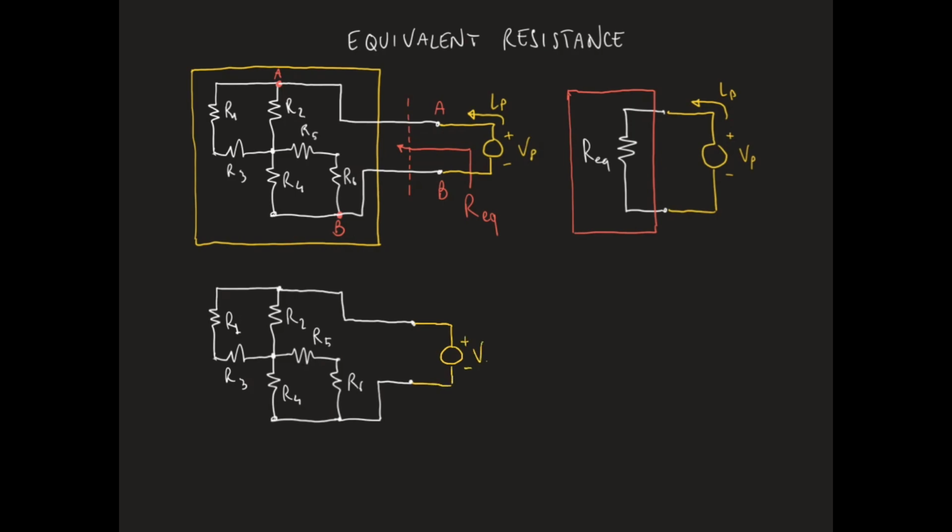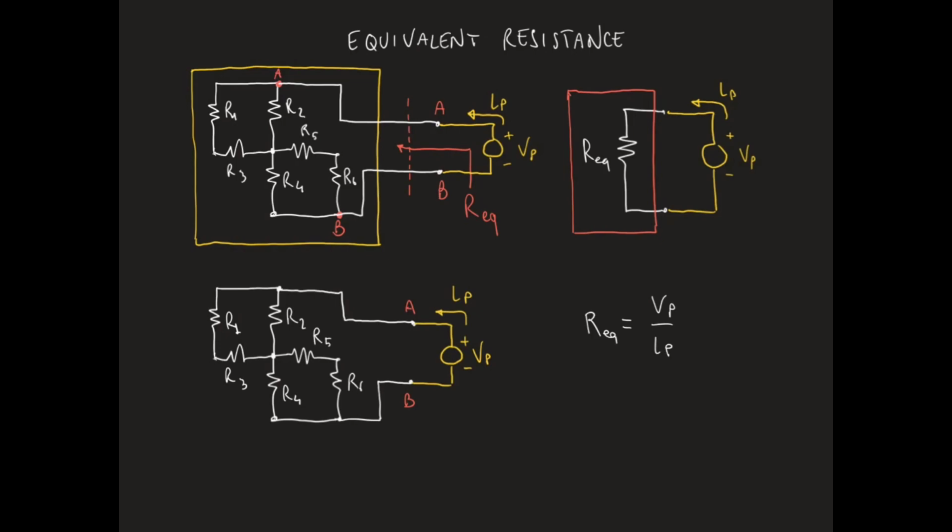between nodes A and B of the network. Let us assume that the network draws, as before, a current Ip from the voltage source. Then, if R sub EQ is the equivalent resistance for the network between nodes A and B, R sub EQ is given by Vp divided by Ip.